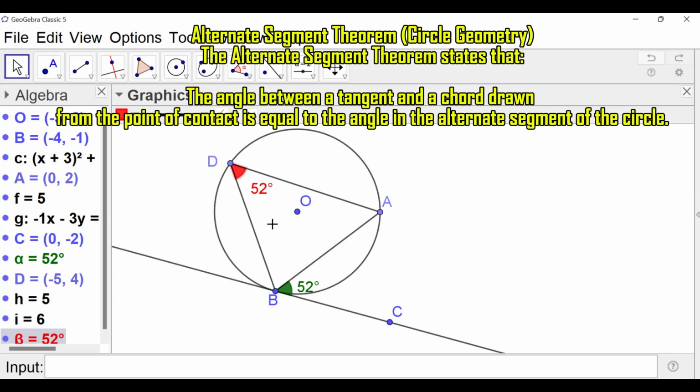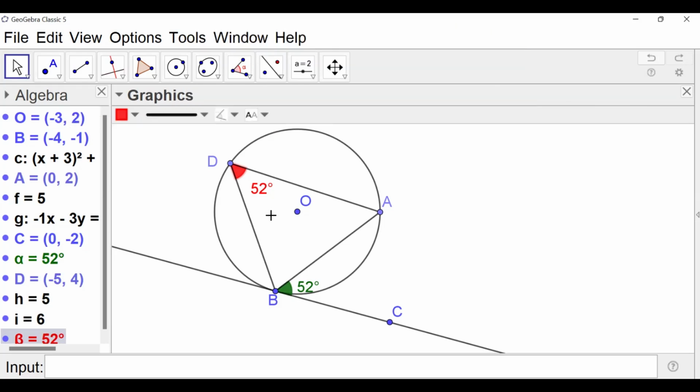And then somebody might be asking, just remember also here, somebody might be asking, what of angle A? Will it also be 52 degrees? No, remember, we are looking at the reference line here is called AB. All right, we look at the angle between the chord and the tangent.